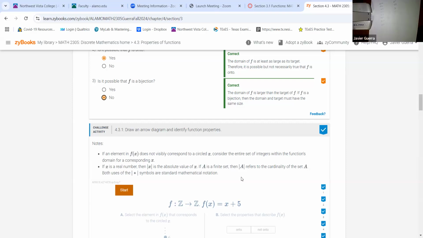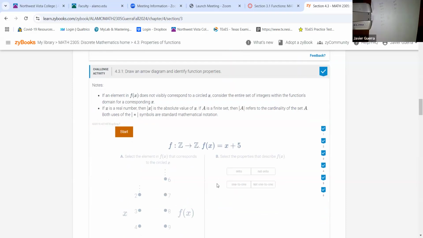If it's a lowercase letter, it's considered an absolute value. If the variable inside is a capital, it's referred to as a cardinality, a count. Both use the absolute value symbols that are standard mathematical notation. So that's the difference: lowercase is absolute value, uppercase is cardinality.